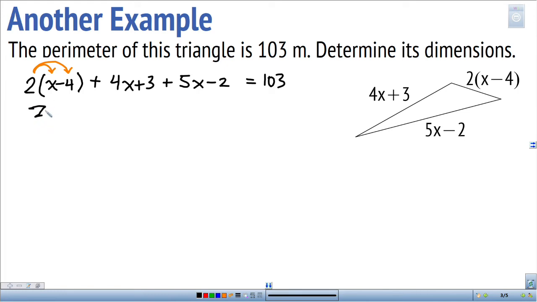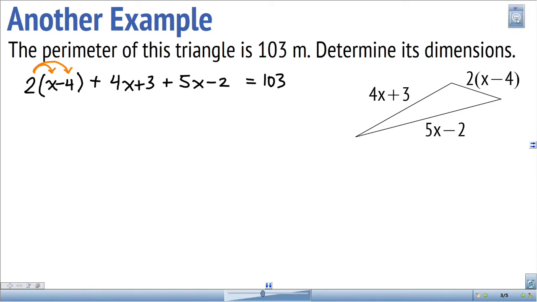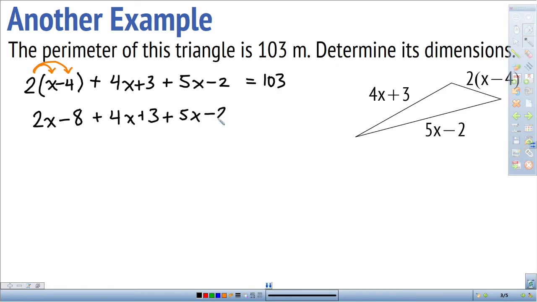So that should be 2x, 2 times negative 4, that's minus 8. Now I'm just going to rewrite the rest of this equation, is equal to 103. Let's look at the like terms here.